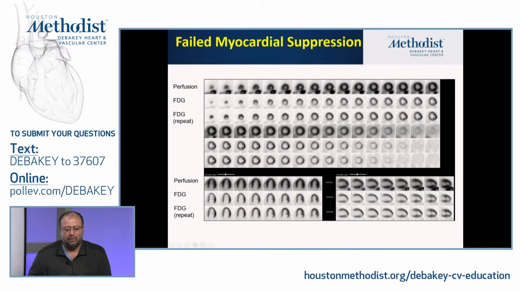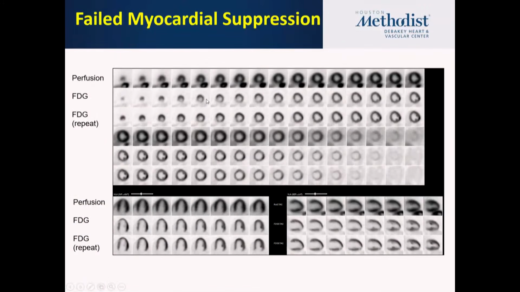And here's one example where this patient had a normal MRI, normal perfusion, and you see we have diffuse homogeneous FDG uptake on 2 studies, and the patient told us that he followed the diet and did not have any carbohydrates.